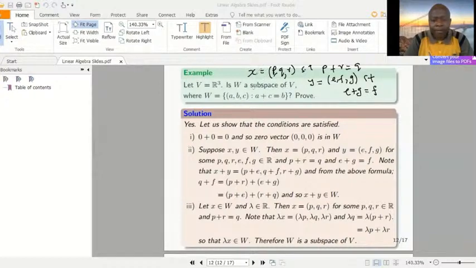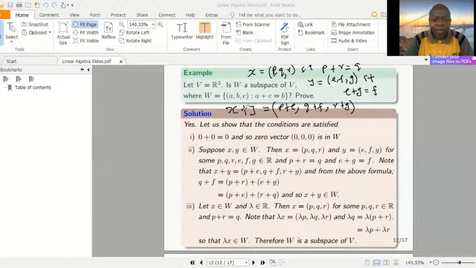So what I want, of course, is to show that the sum of X and Y is in W. So what is X plus Y? It will be P plus E, Q plus F, and R plus G. Is this sum X plus Y in W?